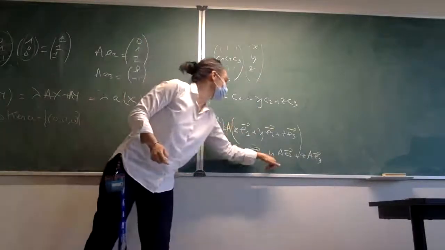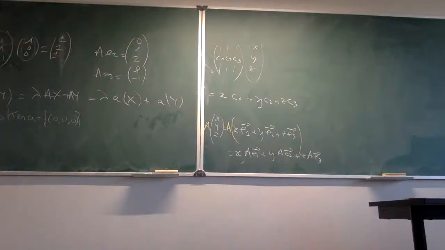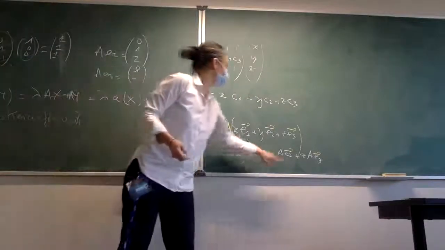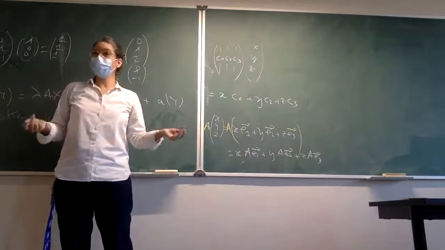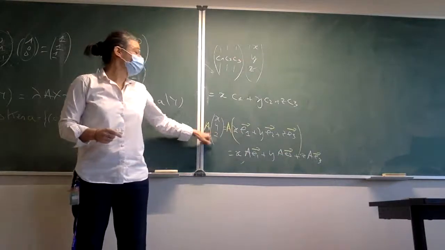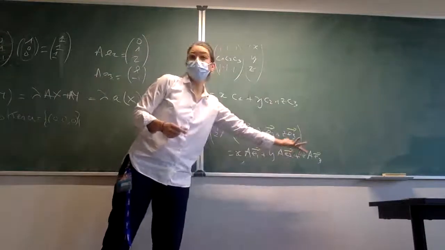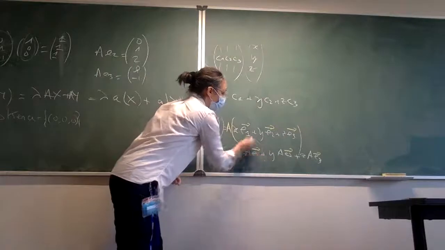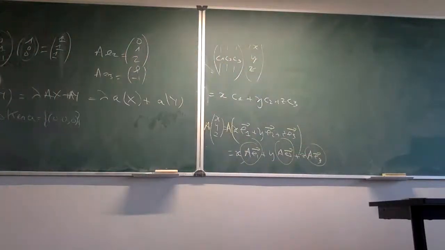These are just numbers, so I can put them in front of my map, in front of my matrix, and these are really not vectors. So what do we get? The image of anything is written as linear combinations of the images of the basis vectors. So we're all turning around the same idea. It's always the same thing that we're writing.